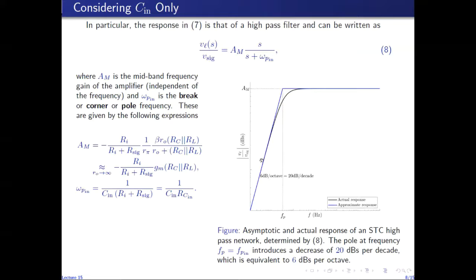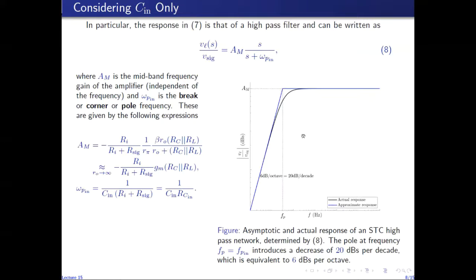And then the curve shown in blue here is the approximate, or more commonly called the asymptotic response of the circuit. The asymptotic response is obtained by decreasing the gain of the amplifier with a slope of 20 dB per decade, which is equivalent to 6 dB per octave, whenever we encounter a pole in the system.